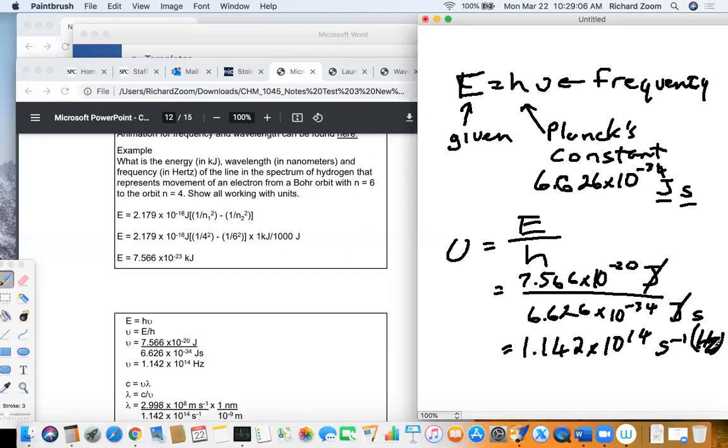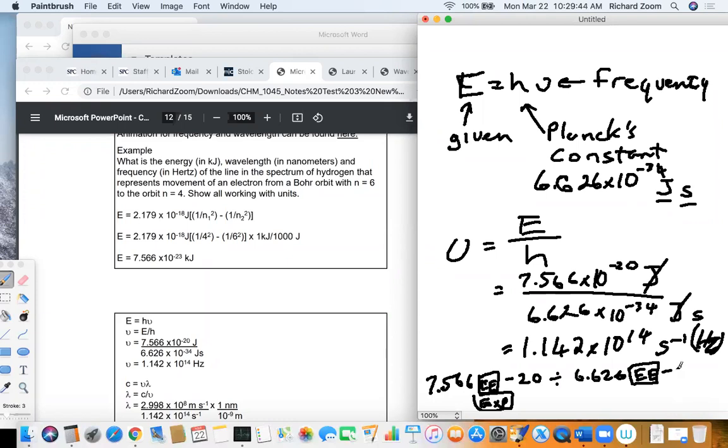All right. Well, then I can only assume that you all must have entered it into your calculator the correct way. So you would have hopefully used the EE button or the EXP button on your calculator. You would have put 7.566 EE or EXP and then negative 20 and then divided by 6.626 EE negative 34.